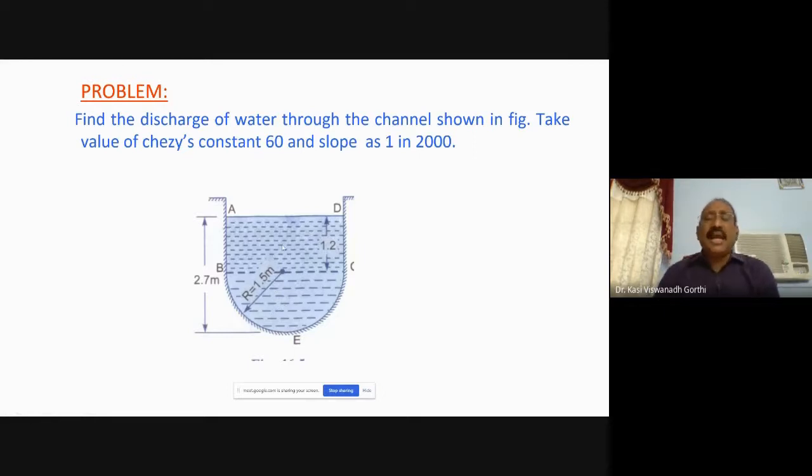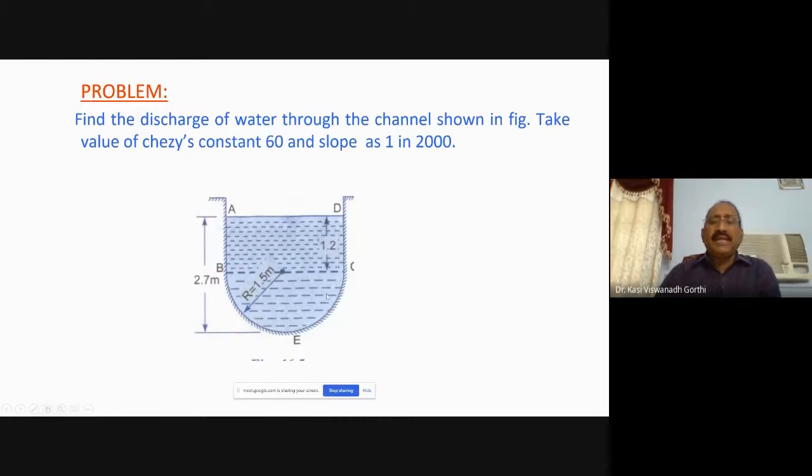But for calculating the wetted perimeter, you should go by the basic fundamental definition: the length of the channel boundary in contact with the flow. So the channel boundary here is AB plus BEC plus CD, and hence you have to compute the wetted perimeter as length ABECD.